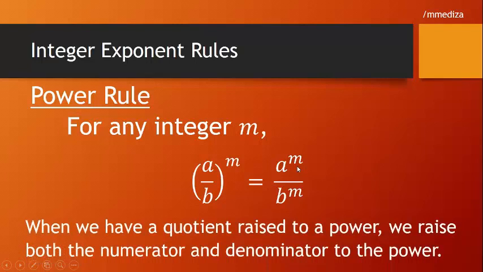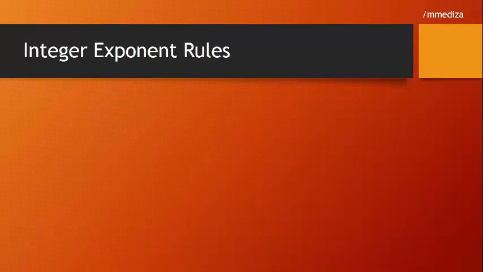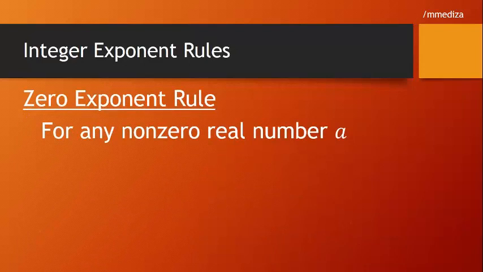Next is the zero exponent rule. For any non-zero real number a, a raised to 0 is equal to 1. So any non-zero real number raised to 0 is always equal to 1.